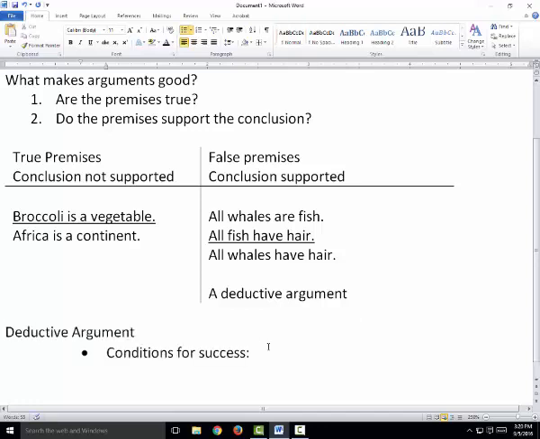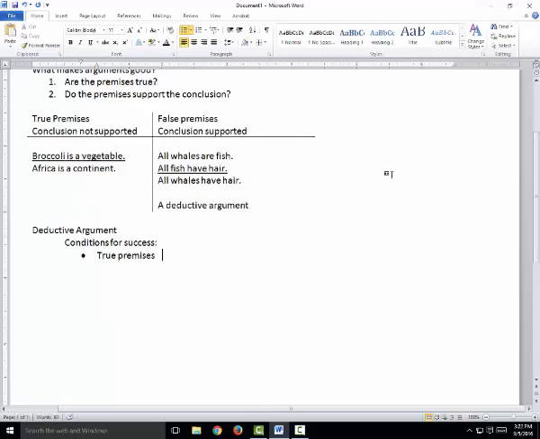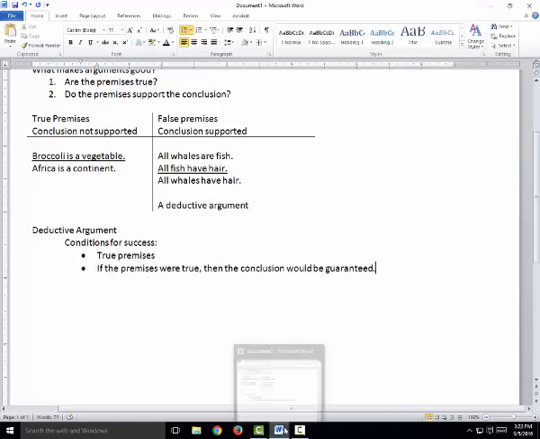And when you have a deductive argument, the conditions for success are, first, you want the premises to be true. And the second requirement for a successful deductive argument is that if the premises were true, then the conclusion would be guaranteed.